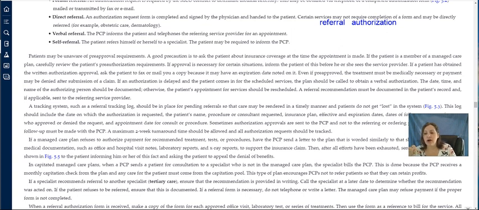A referral is given by your doctor. An authorization is given by your insurance company. So if you want to go see a specialist, the doctor probably has to write a referral. But if you need some diagnostic testing like an MRI or a CAT scan, the doctor probably has to get authorization from the insurance company.